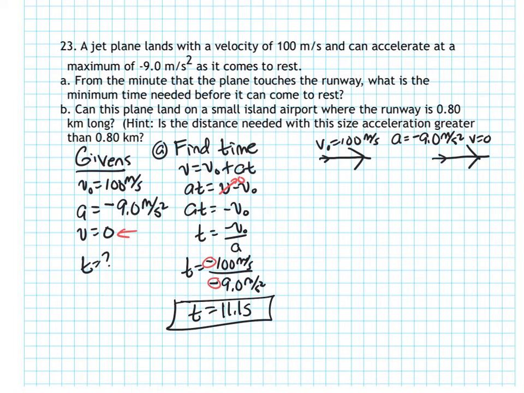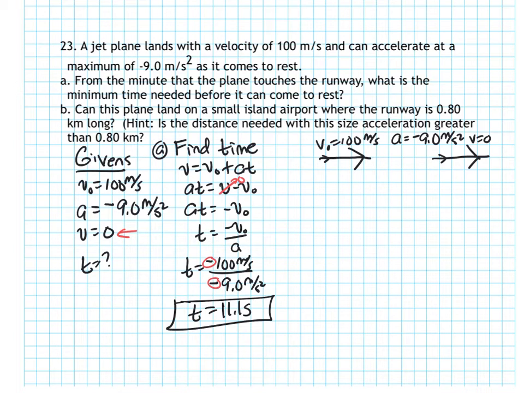Okay, let's keep going. Let's do B. Can this plane land on a small airport where the runway is 0.8 kilometers long? There are lots of ways to go about solving this. So what I'm going to do is figure out how much distance it takes to stop this plane when it lands.